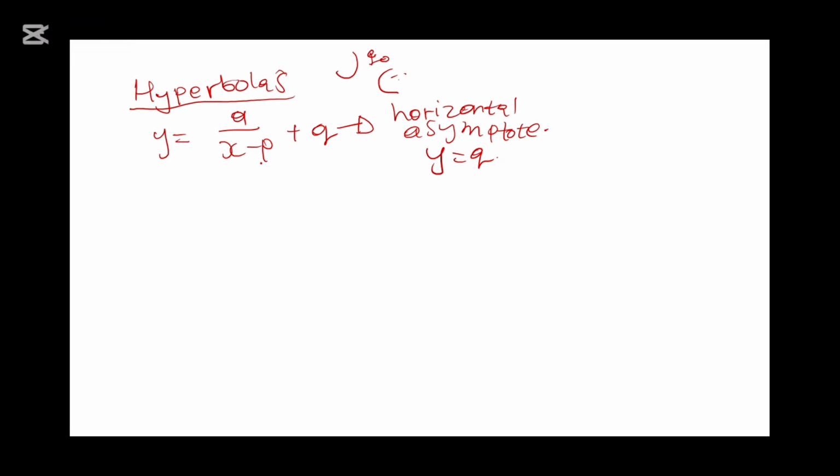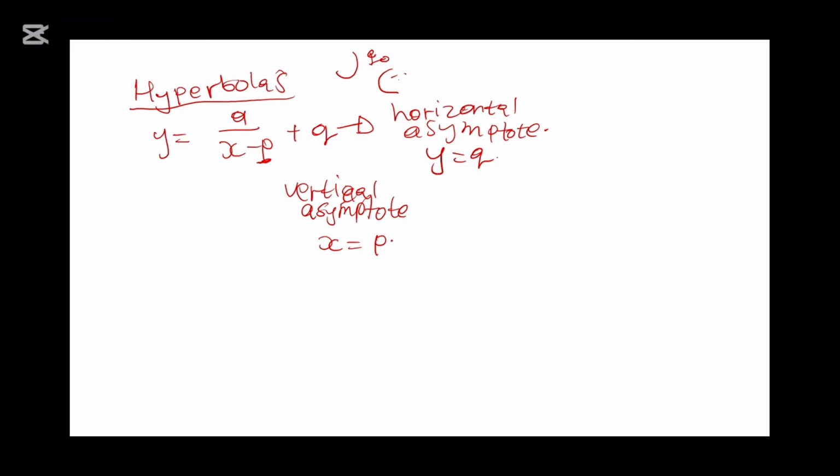Then p, be careful with p, because p is the sign change. So p is our vertical asymptote, meaning that our vertical asymptote will be x equals p. So be careful.